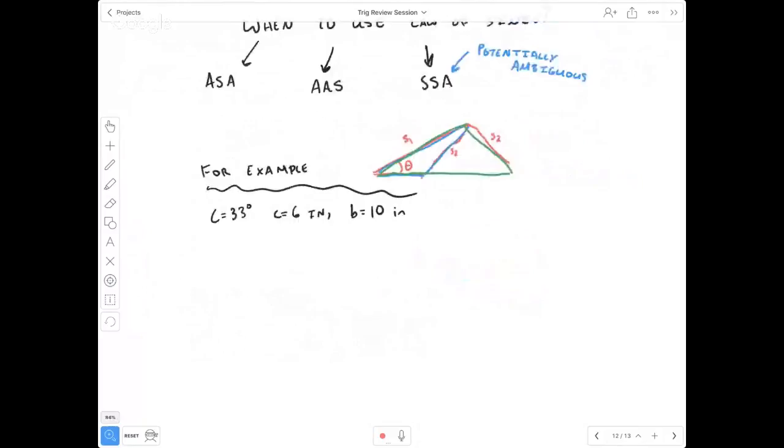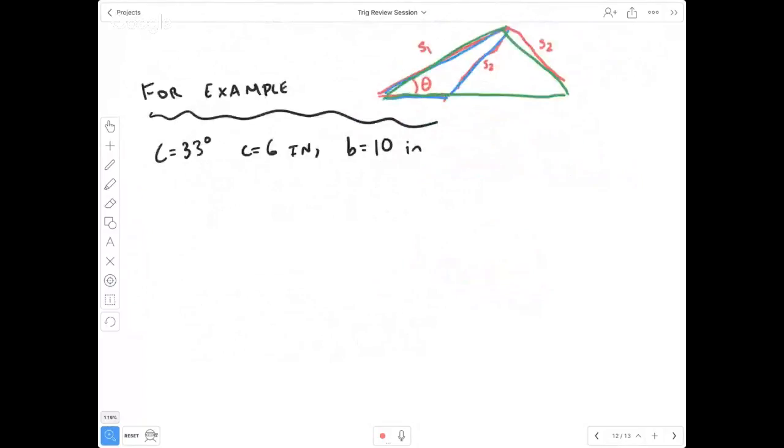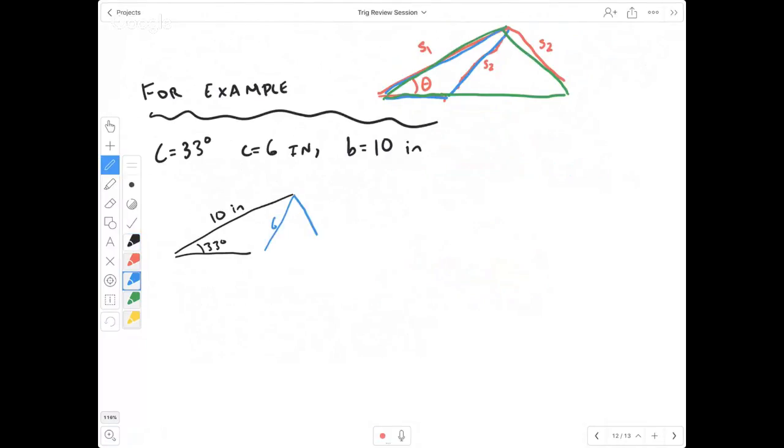This is pretty similar to what I just drew. The 33 degrees, 10 inches. And the question is, does the 6 go there or does the 6 go there?